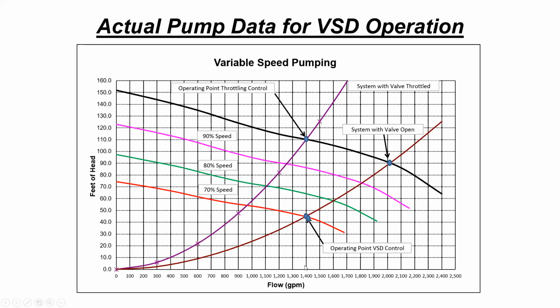At the same time, we are maintaining our flow rate of water, or air in the case of a fan, and then let's see how much we are dropping in terms of head, which is directly related to the energy use. So we're going from 110 head all the way down to 45, let's say, by reducing the rotational speed using a VSD, variable speed drive, and bringing the head down.